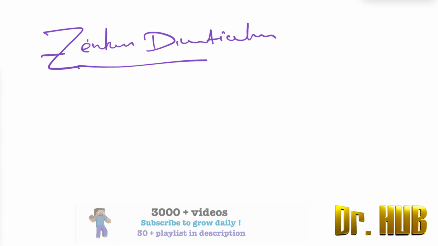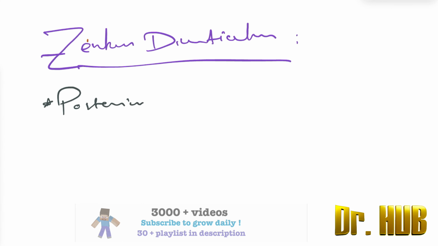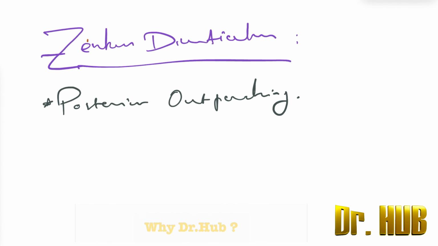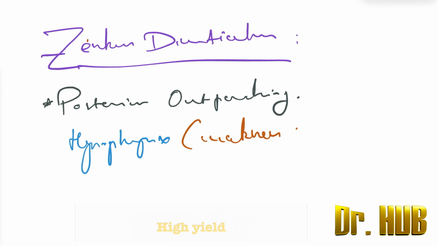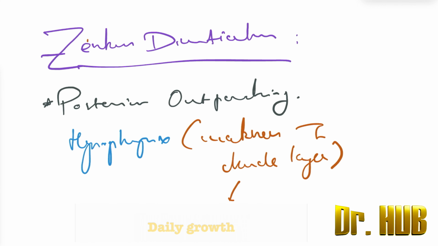Under this there is a posterior outpouching of the hypopharynx, through a weakness in the muscle layer. What is this weakness of the muscle layer indicating? This is the Killian dehiscence.